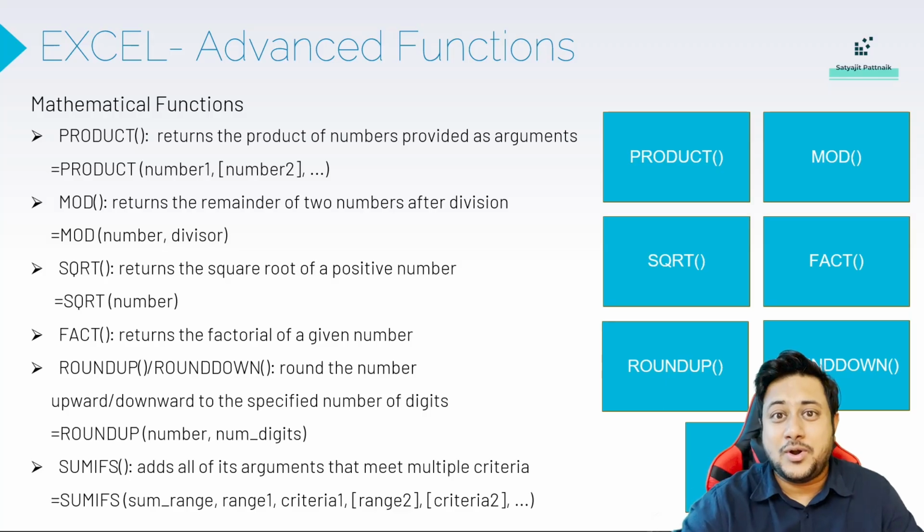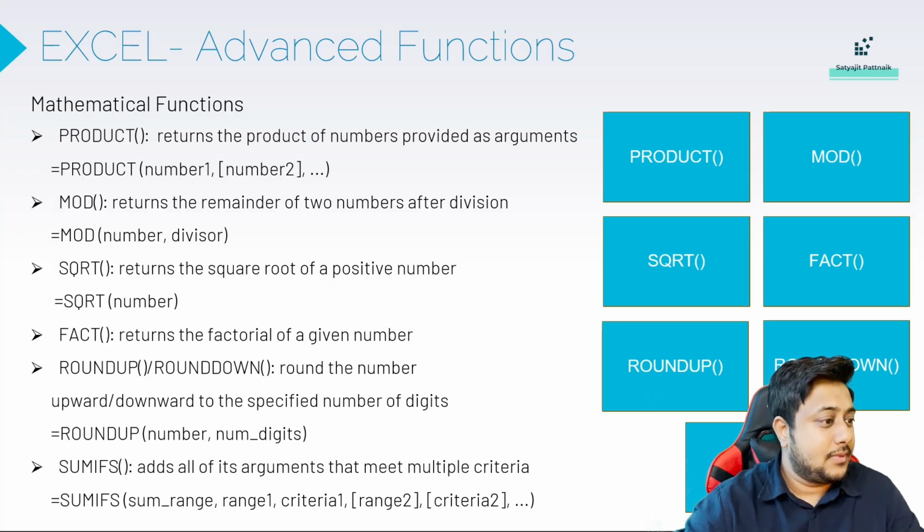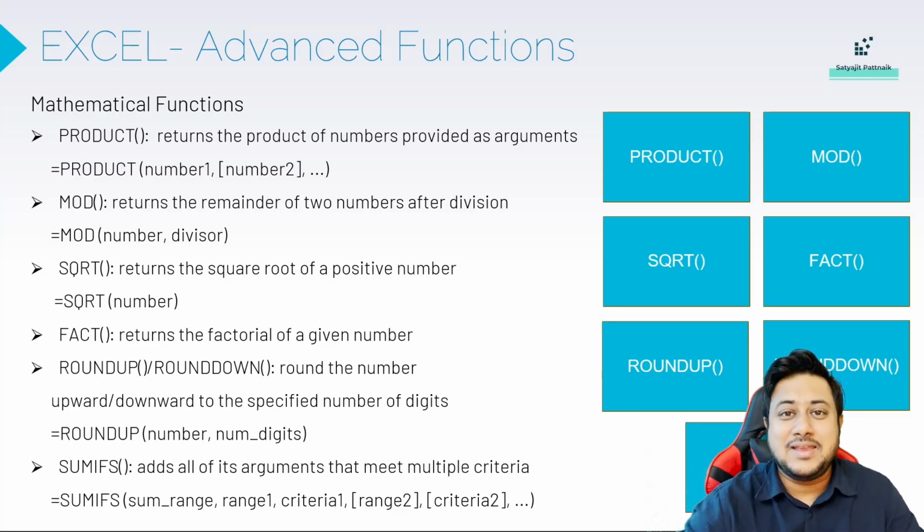Everybody knows what factorial is. What is 2 factorial? It's 2. 3 factorial is 3 multiplied with 2, which is 6. 4 factorial is 4 multiplied with 3 multiplied with 2, which is 4 into 6, which is 24, not 12.